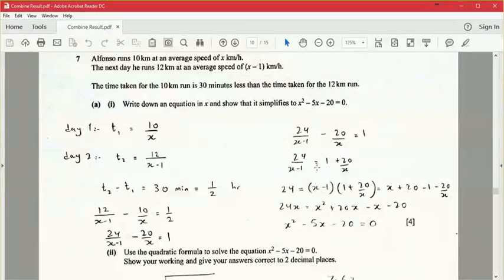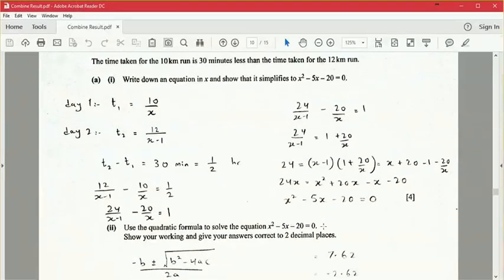And then we'll bring x, this one, in a single side, and we'll multiply this with x minus 1 to get x plus 20 minus 1 minus 20 over x. And we'll only rearrange the equation to get x squared minus 5x minus 20, what he asks for.